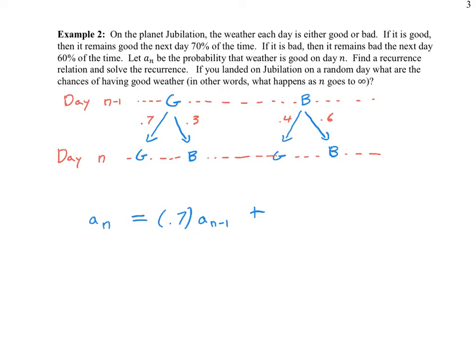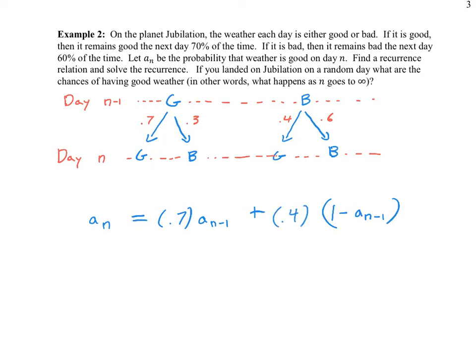The other possibility that can occur is the previous day was bad. So the chances of having a bad weather day on the previous day is 1 minus A sub n minus 1, the opposite probability. So it's saying that our weather is not good, or our weather is bad in terms of probability. So the probability that we swap over to being a good weather day would be 40%.